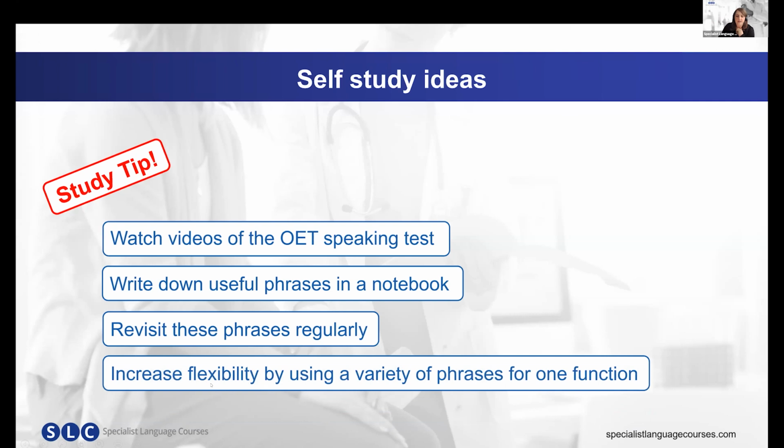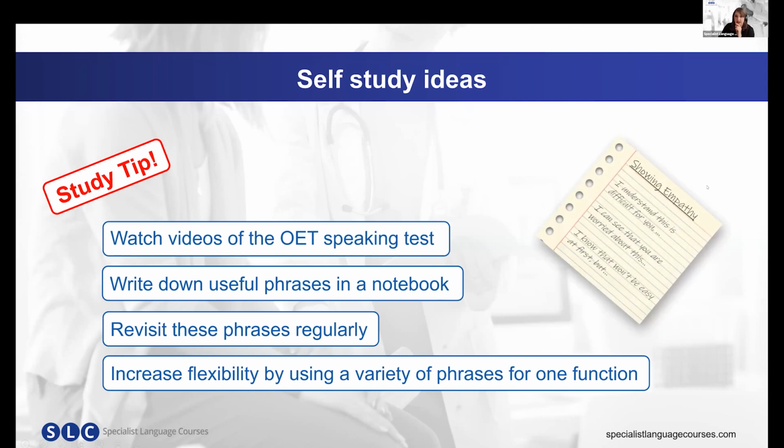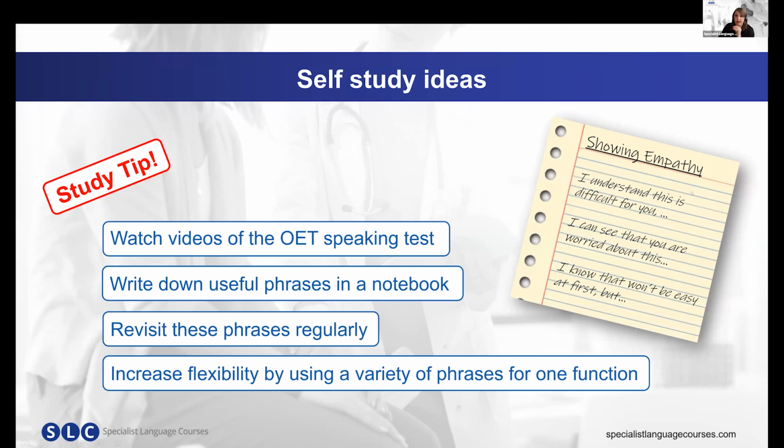And one of the aims in your OET speaking is to increase your flexibility. So try to use a variety of phrases for one function. As we've seen, with advice, you have got different levels of advice and you've got different phrases you can choose. For example, when you need to show empathy, instead of always using the same phrase, I understand, try to use a variety. So we've got, I can see that you're worried. I know it won't be easy.